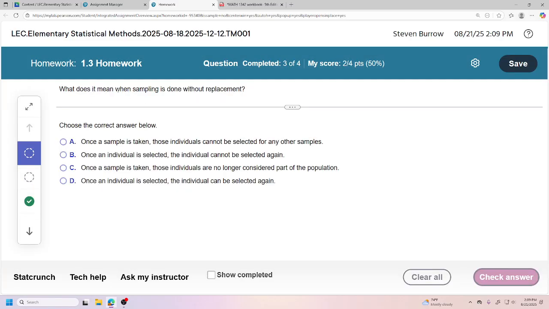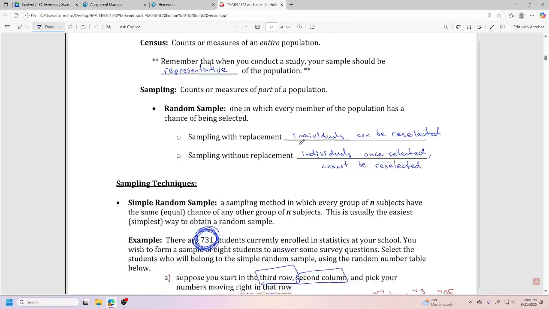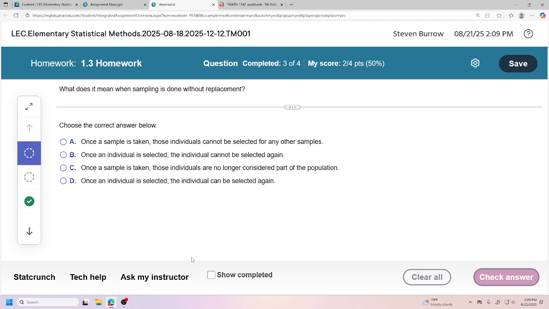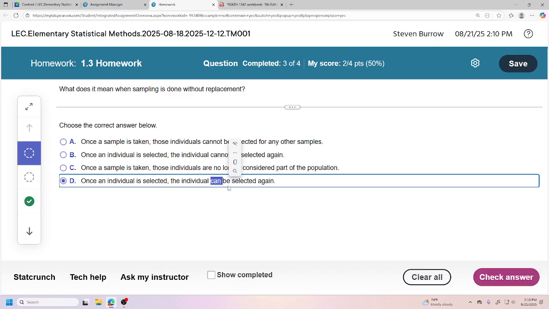So what does it mean when sampling is done without replacement? Really, I have to go back to the workbook here, and we just wrote this one down. I'm going to reread it to you right here. Without replacement means that once selected, you cannot be reselected, right? So let's go back to the homework. Which one would make sense for that? So once an individual is selected, the individual can be selected again?